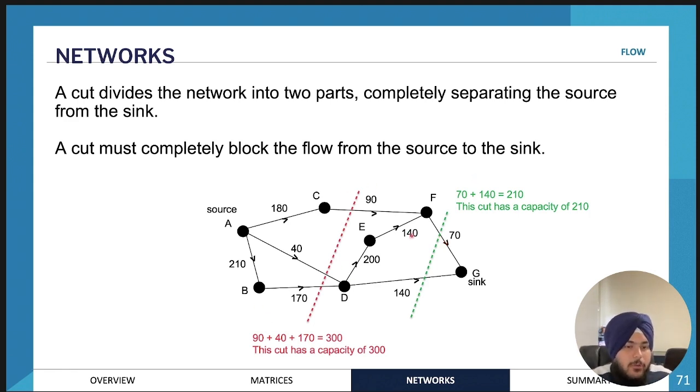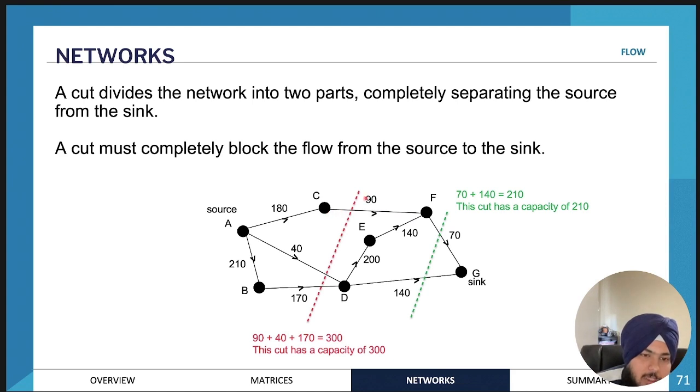So for example, if we draw this cut over here, you will need to calculate the capacity of each cut. And the way that you calculate the capacity of each cut is you add up the capacities of each of the pipes that are going from source to sink.